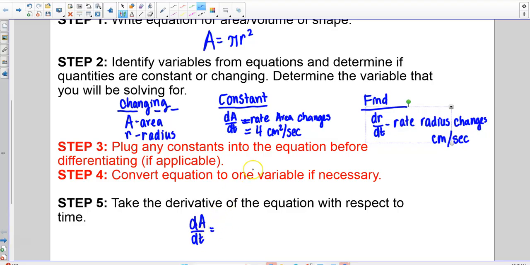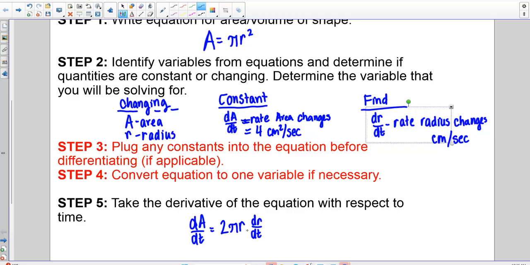And for pi r squared, I will get 2 pi r. What do I need with that? dr/dt. We can't forget that, because when we're taking the derivative with respect to a different variable, everything we take the derivative of needs a d-whatever/dt with it. So here's our derivative. Looks beautiful.